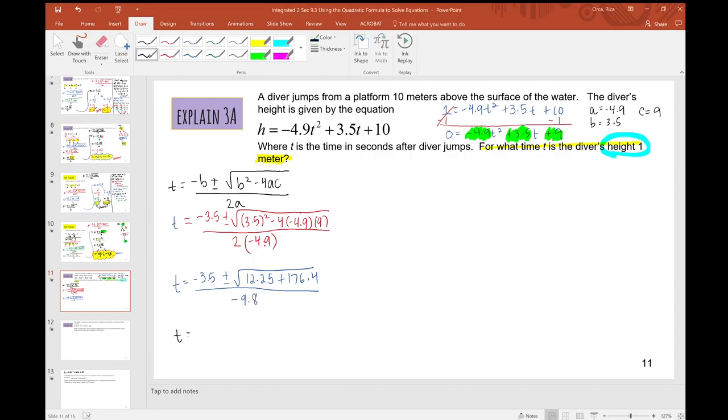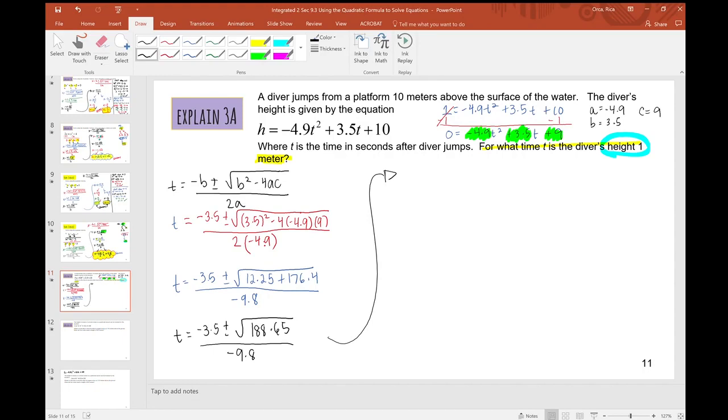So t equals negative 3.5 plus or minus the square root of 12.25 plus 176.4, which is 188.65, divided by negative 9.8. So class, we are going to have two solutions, and we need our answer to be a number that's not in radical form.